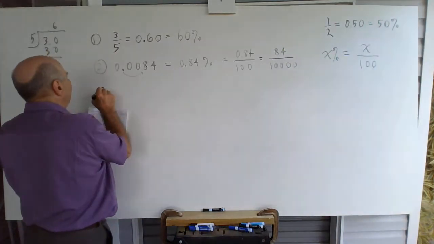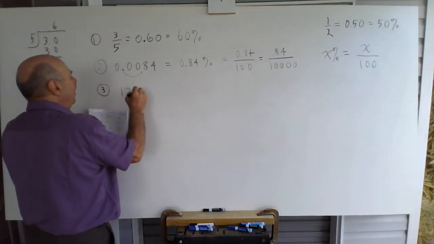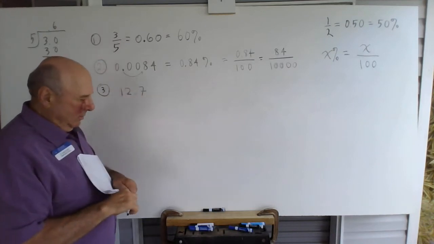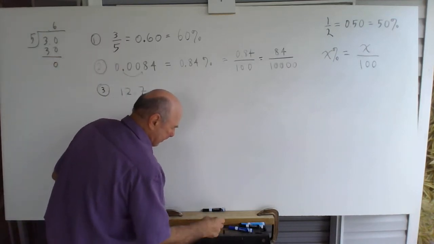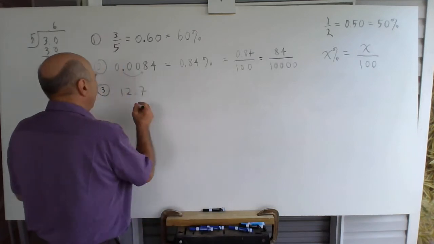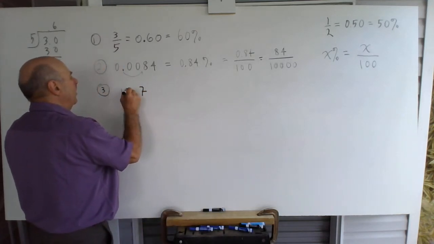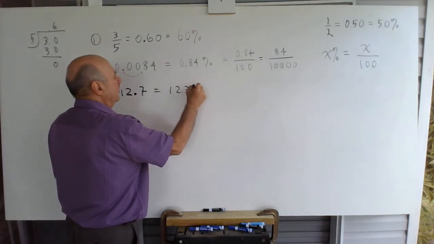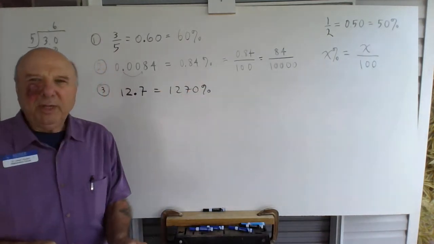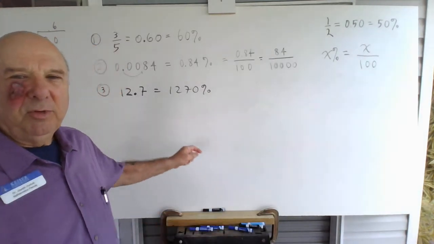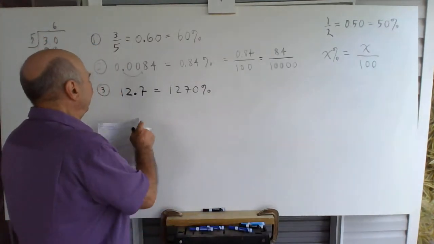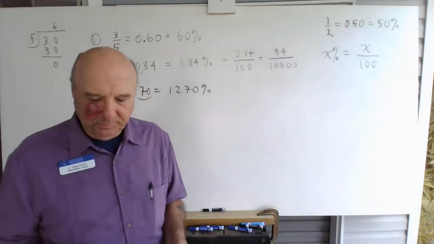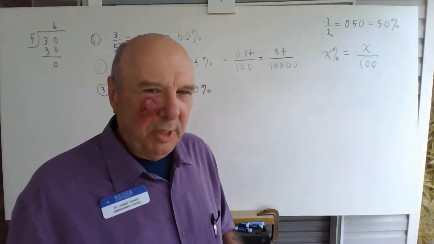So 12.7 is 1,270%, because if I move the decimal place 2 places to the right, I would end up with this large percent. So you get the idea.